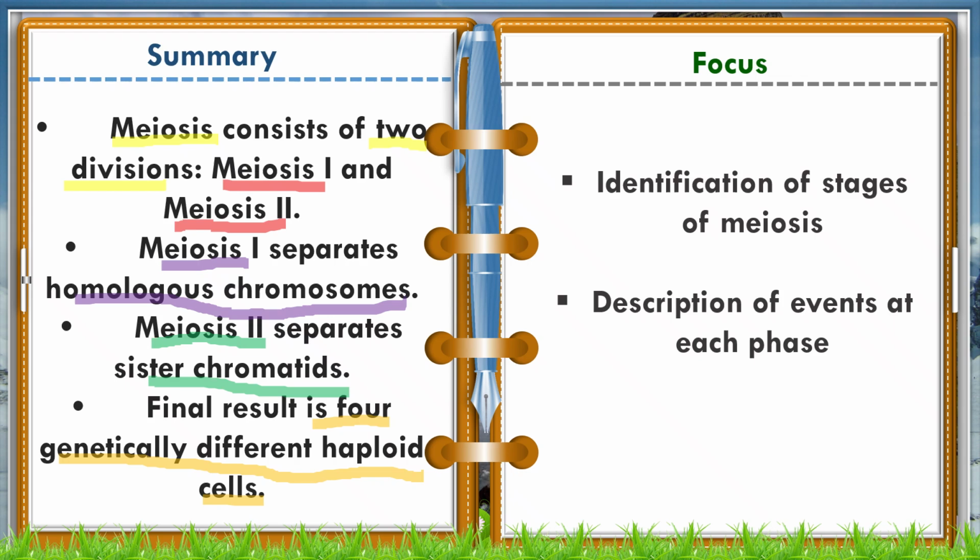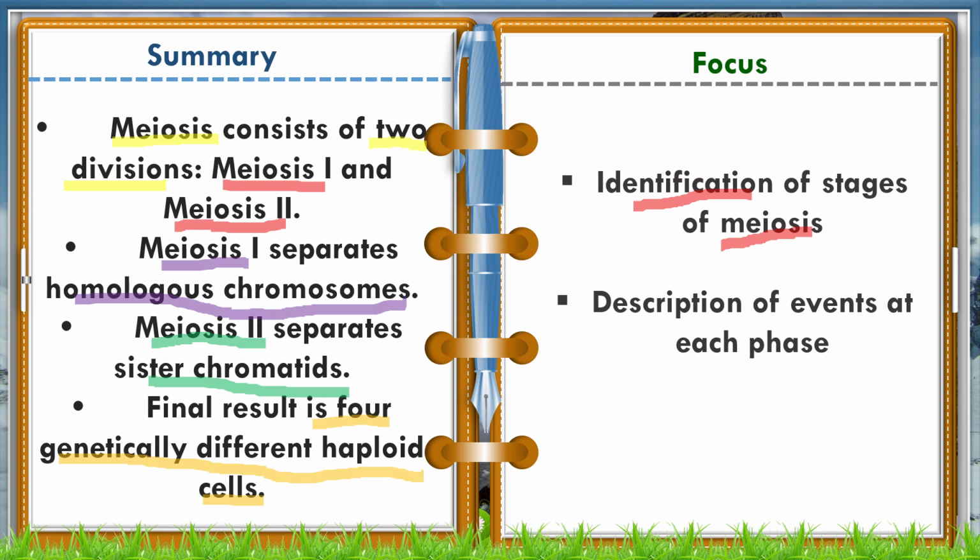So the cells that we are going to end up forming are going to be genetically different. And that is what brings about variation. Now, our focus here is mainly to identify the stages of meiosis. We have been trying to identify the stages of meiosis, and we have gone through different stages.